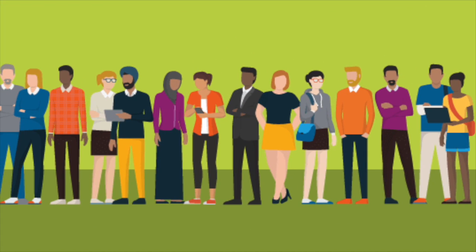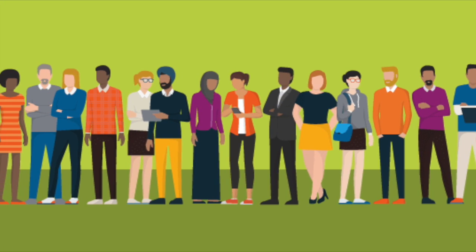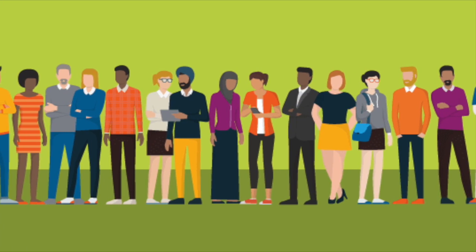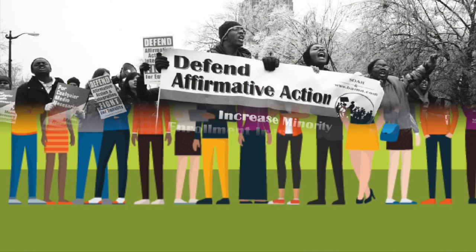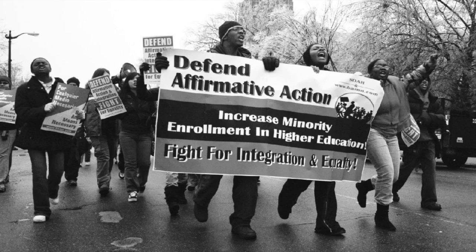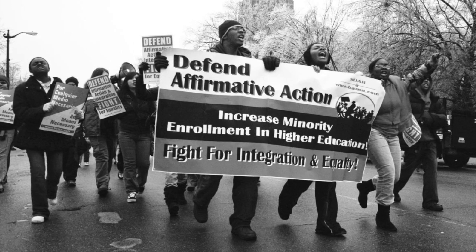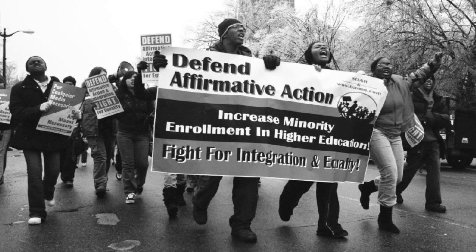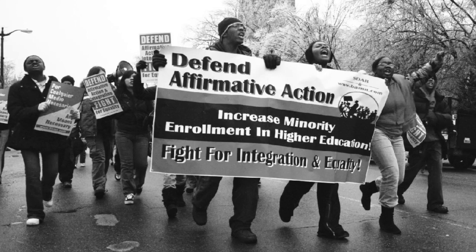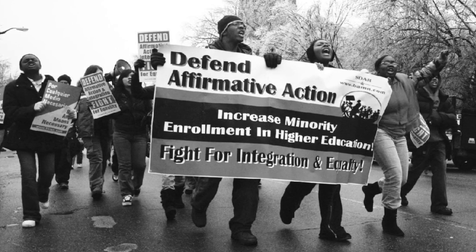On the other hand, according to Archibald Cox, affirmative action programs should be implemented in order to increase the number of minorities that are being admitted into the university. This picture shows African American and Latino students protesting and fighting to keep affirmative action programs alive. They agree with Archibald Cox's position, and their goal is to increase minority enrollment in higher education.